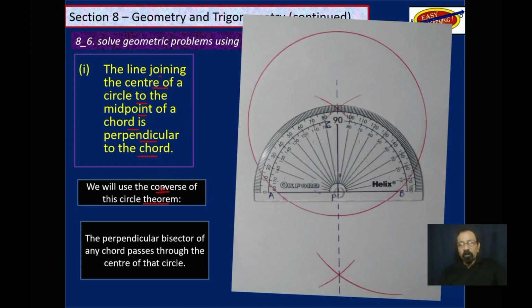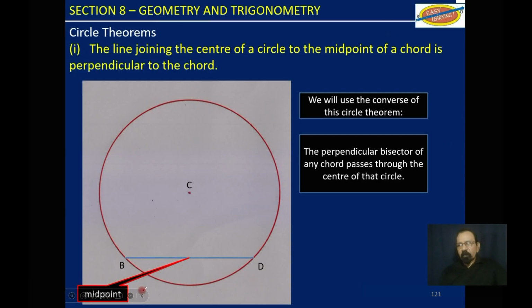We will look at the converse and say that the perpendicular bisector of a chord passes through the center of the circle. As long as we know the perpendicular bisector, that will always pass through the center of the circle, wherever the center of the circle is. Midpoint, center of circle. This perpendicular bisector will pass through that center.